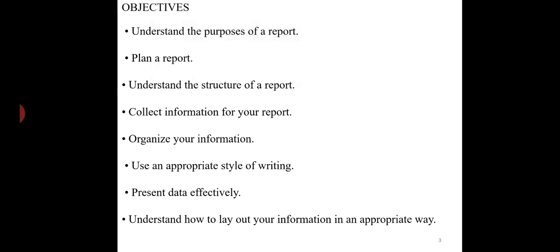The next one is understand how to layout information in an appropriate way. Here, presenting the research report either in the form of a thesis or dissertation, there are a number of format specifications which the writer or the researcher should follow. Generally, the usual layout of the research report consists of three parts.